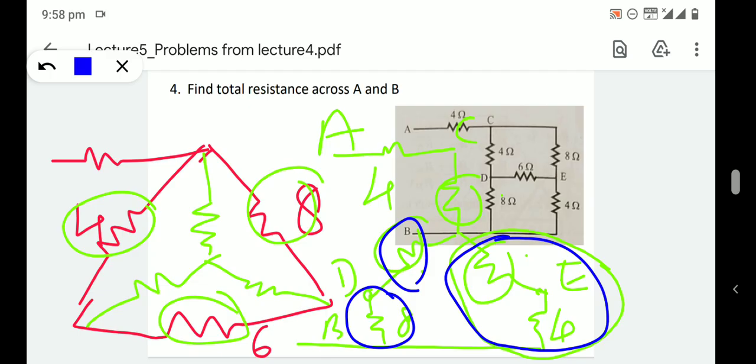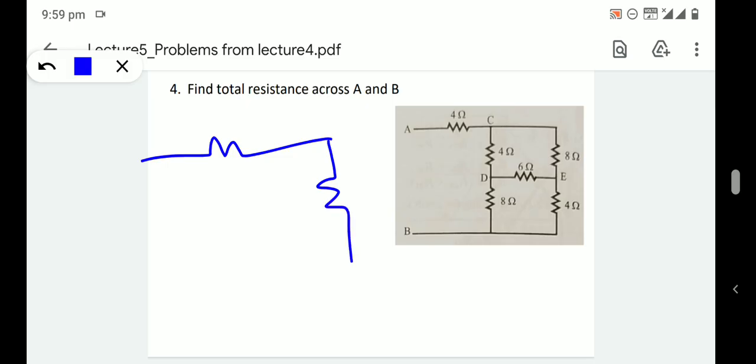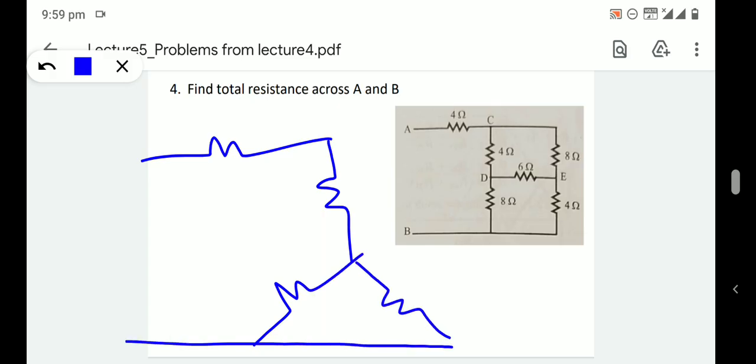So this path can be replaced with a single resistance, and again this becomes a single one. So the final circuit becomes, 4 ohm will be there, here one resistance will be there, here again another resistance. This becomes the final circuit.